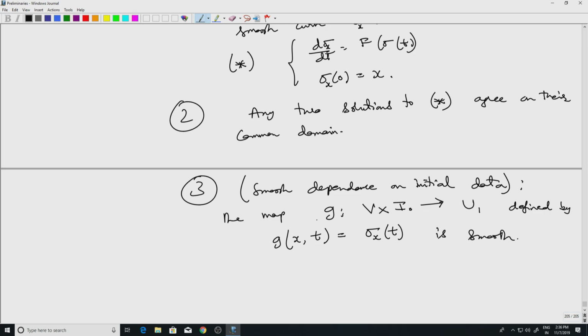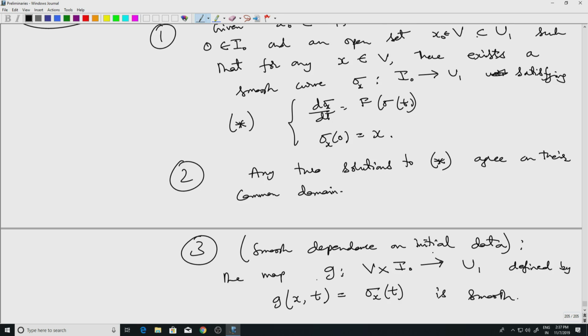Now this is stronger than saying that each solution to this differential equation is smooth. What we are saying here is that we regard the solution not just as a function of t, but also of the initial starting point x.